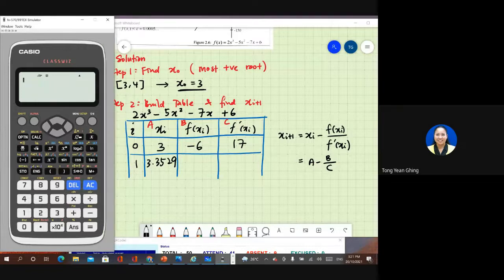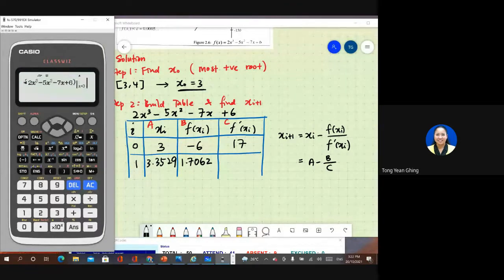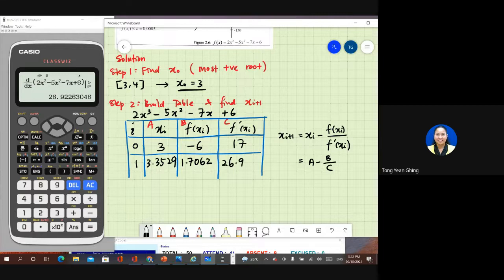Then press up to find that equation, and calculate when x is 3.3529. So we get 1.7062. Okay, and then continue, substitute this x with 3.3529 to get 26.9226.